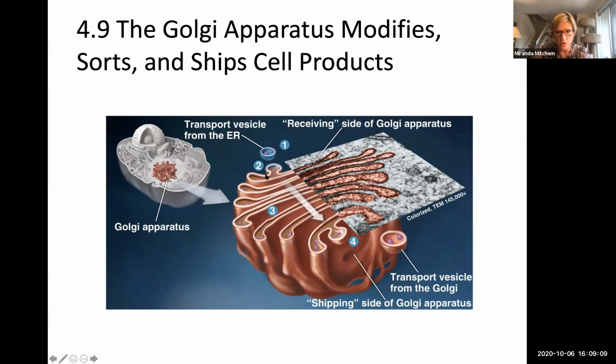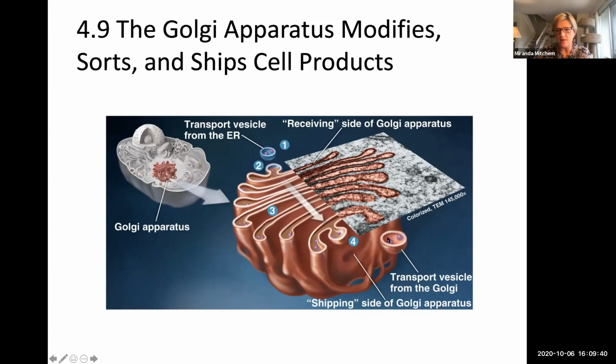So the Golgi receiving side actually gets bigger in membrane size because it has incorporated that membrane of the vesicle. And in doing so, it spills out the secretory proteins that are here so that they can be properly modified and tagged and then sent across the Golgi to the shipping side where they then pinch off in another vesicle.